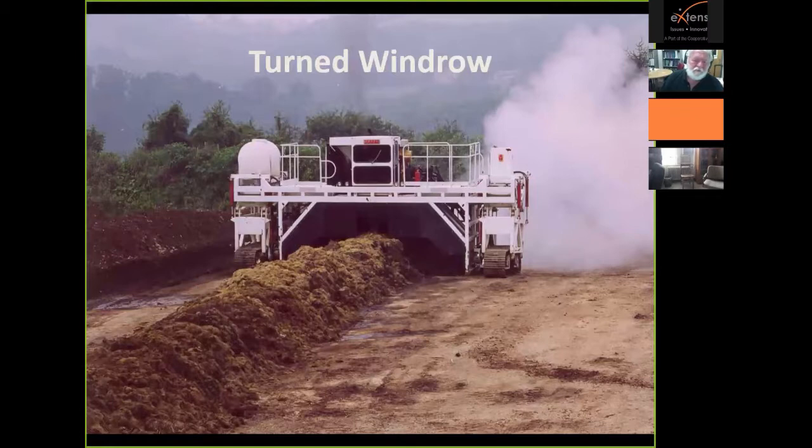With a straddle turner, you only have to leave maybe 3 feet, just enough room for the tracks of the machine to ride along the pad. So you can put your windrows closer together. You can get more material through your facility on a smaller footprint by switching from turning with a loader or turning with a tractor to turning with a straddle turner.